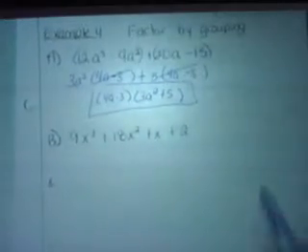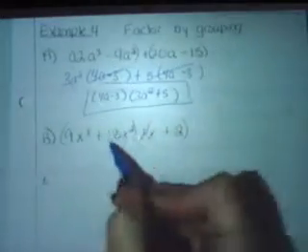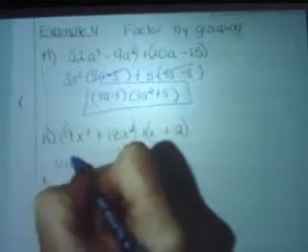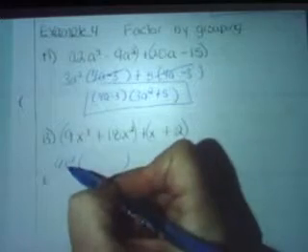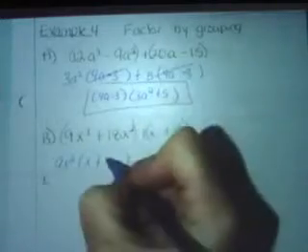Pretty much the same thing on B. I have 4 terms, so I'm going to use grouping. First group, I can factor out a 9x squared. 9 will go into 9 once. X squared will go into x cubed, x. Bring down my plus. 9 will go into 18 twice.